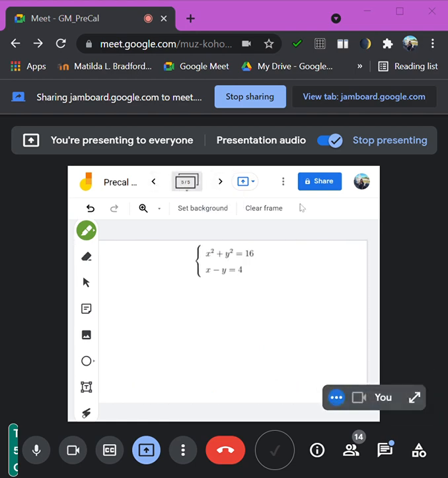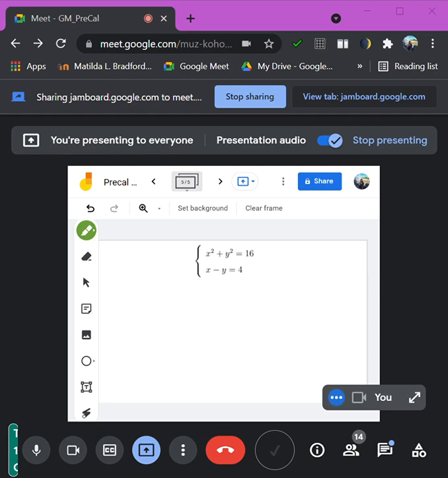Okay. So we have x squared plus y squared is equal to 16, and then we have x minus y is equal to 4. Go ahead class, try to look at our given here. What do you think is this conic section? x squared plus y squared is equal to 16. What could it be? Circle, ellipse, square, parabola, hyperbola?